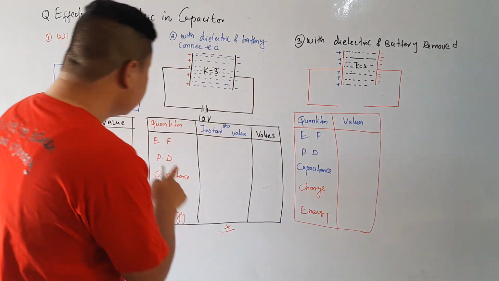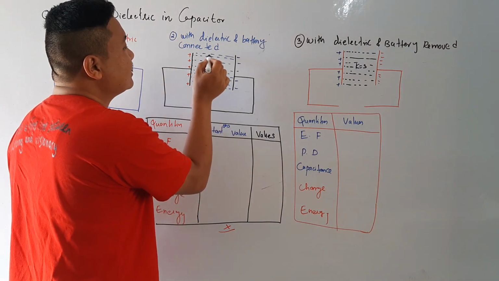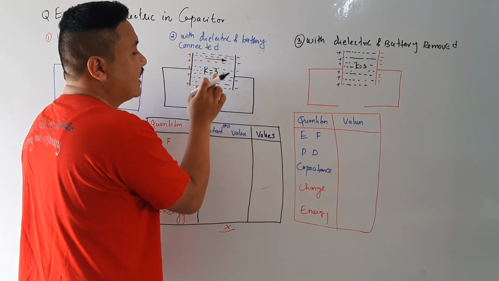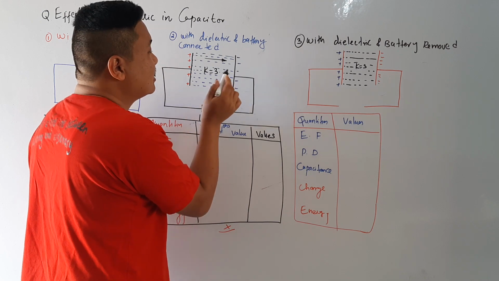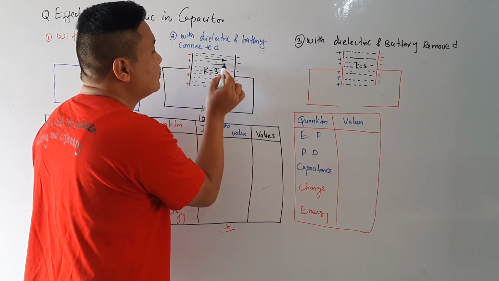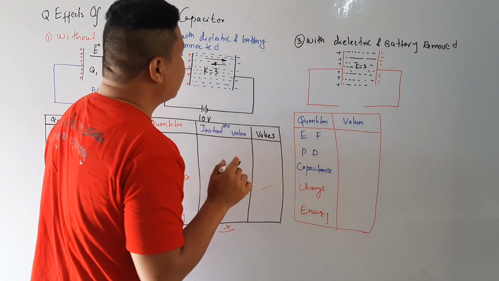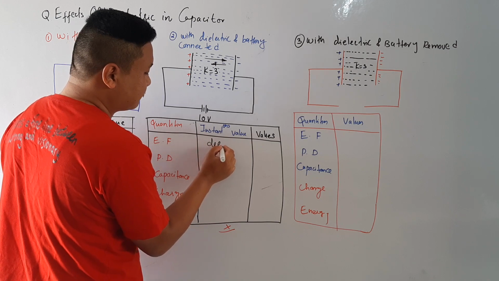The electric field goes from this plate to that plate, but as soon as you put the dielectric, it gets polarized and produces an electric field in the opposite direction. So the instantaneous electric field will decrease.